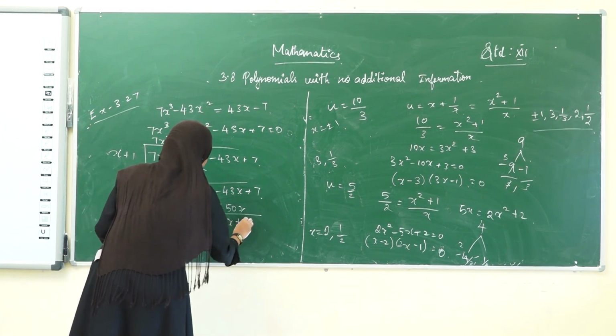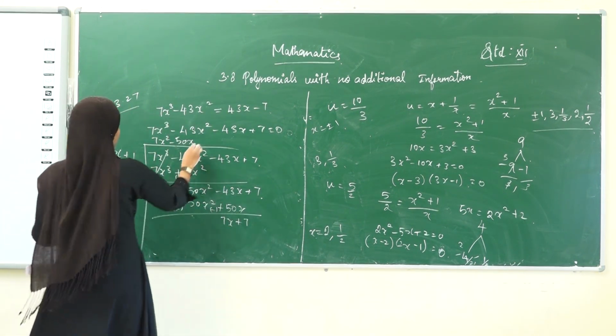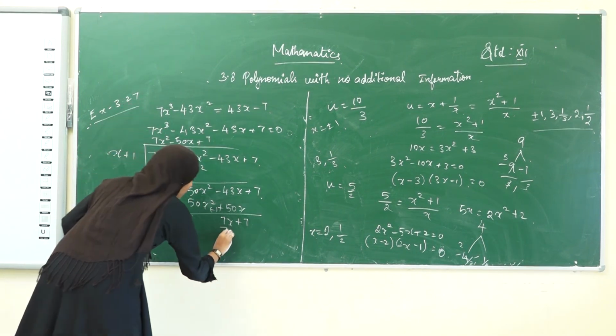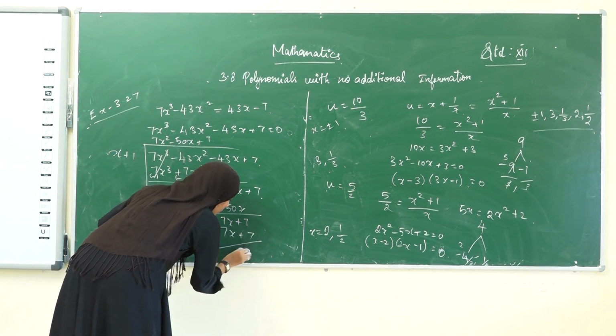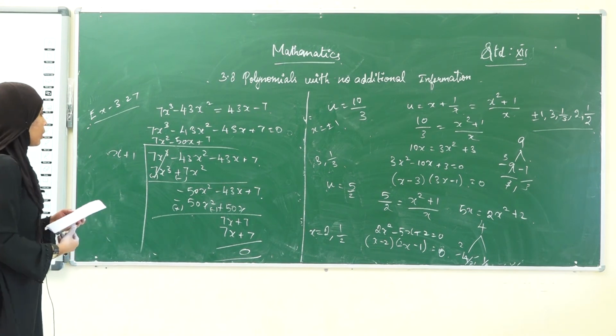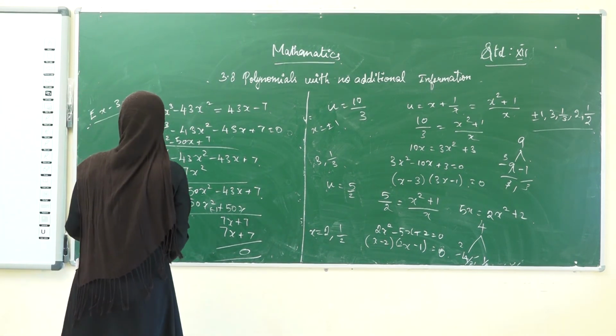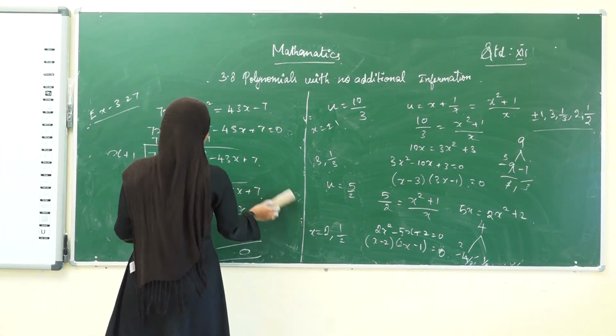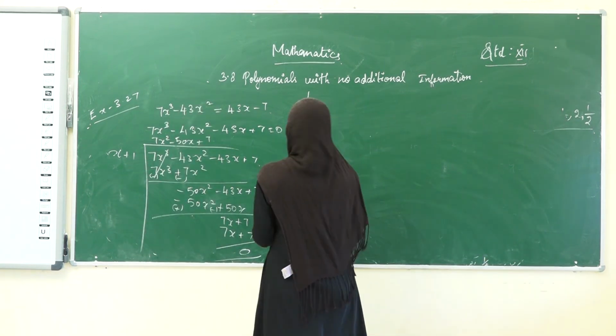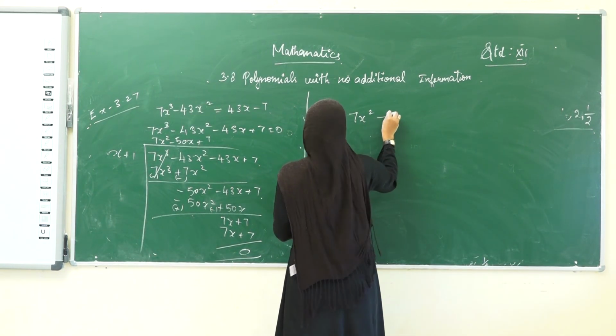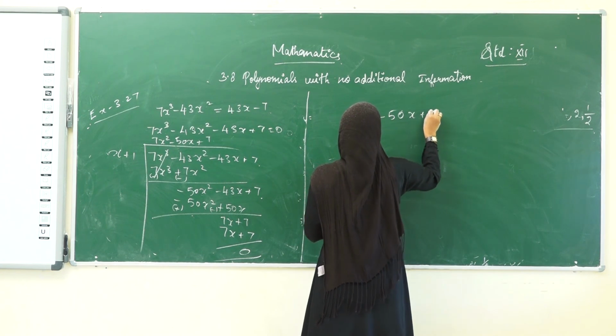Therefore 7x plus 7. We get 0. Okay, we got 0, right? So what's the factor we got here? 7x² minus 50x plus 7 equal to 0.